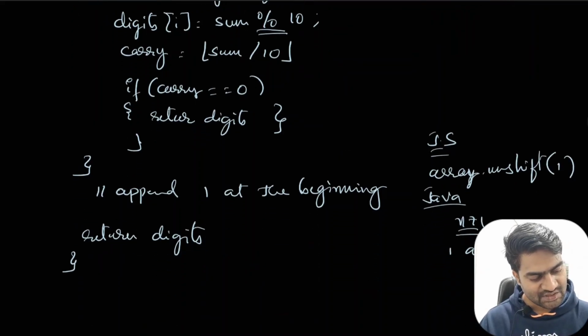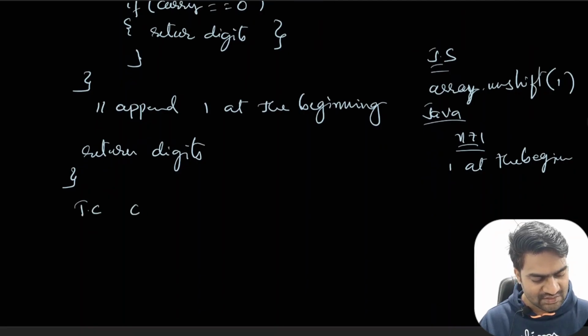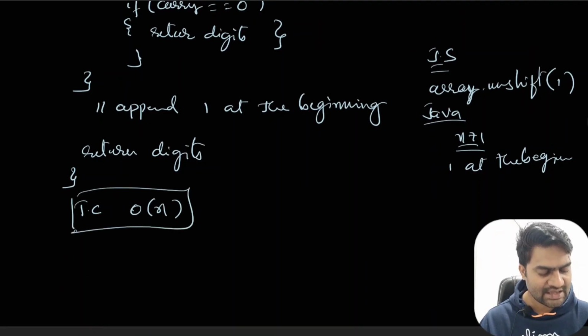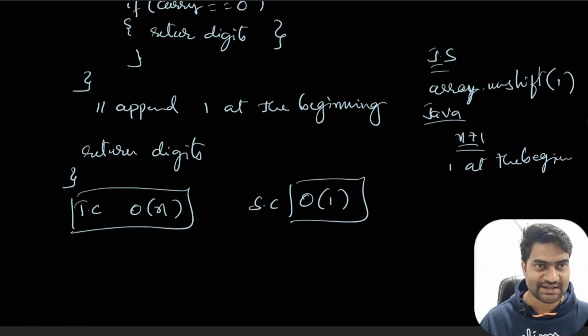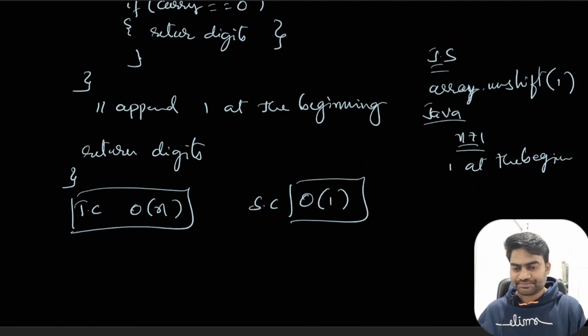Now, what is the time complexity? Time complexity is of order n, because with one iteration we are doing all these things. And the space complexity is of order 1, because we are not using anything extra here. So with that, let us try to execute this and see.